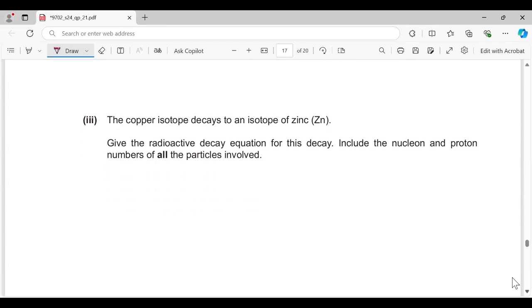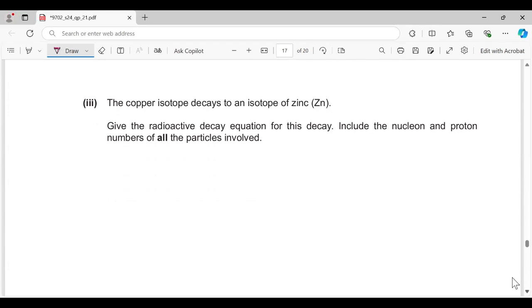Part three, the copper isotope decays to an isotope of zinc. Give the radioactive decay equation for this decay. Include the nucleon and proton numbers of all the particles involved. So there is copper, 29 and 66 here, because 29 plus 37.